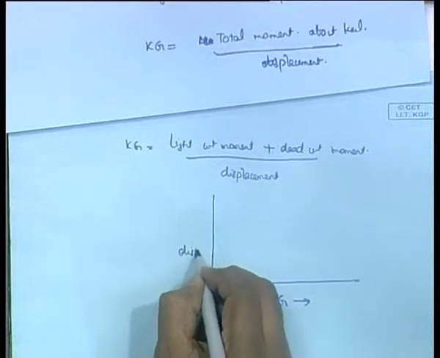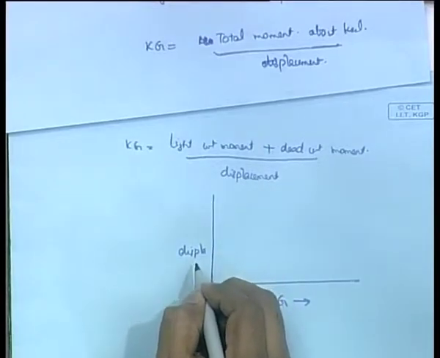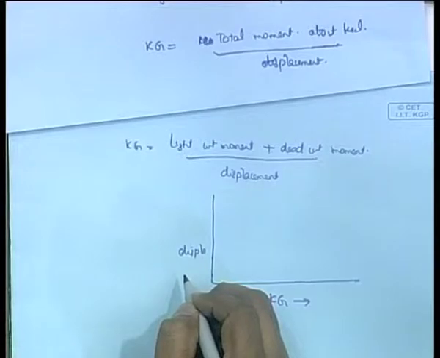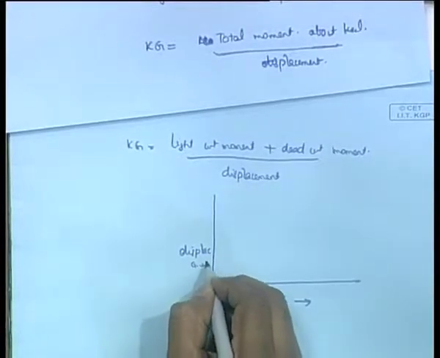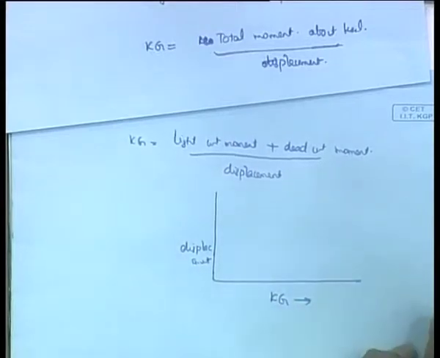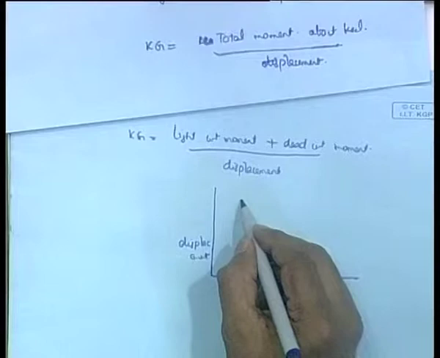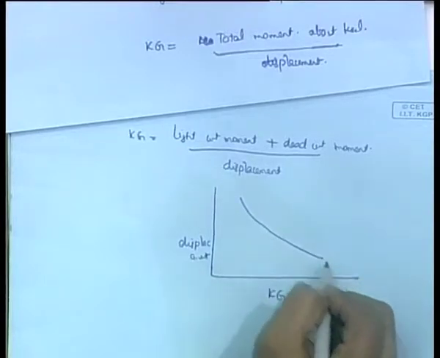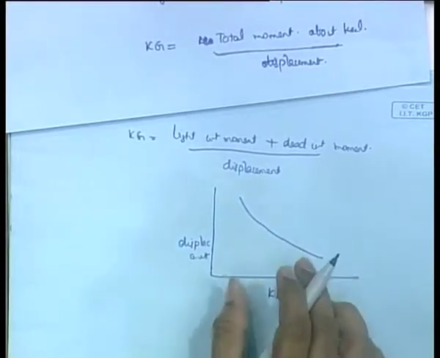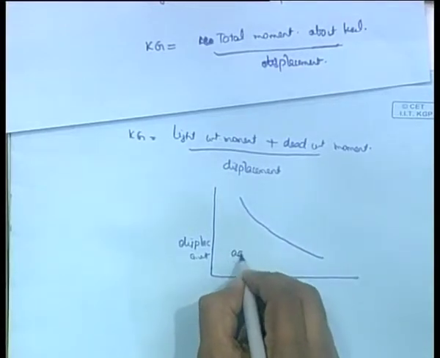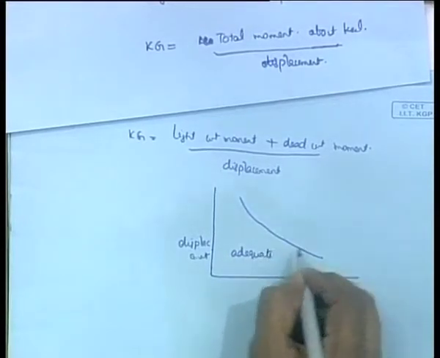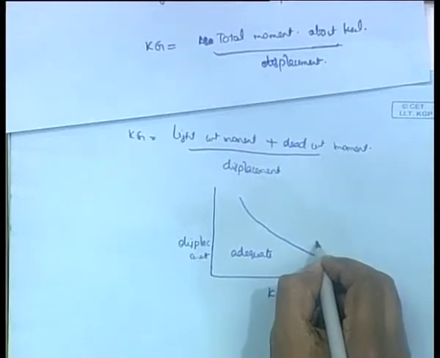This is displacement. And that means your KG should be low. So, you will see a margin line drawn like this, and all those KGs less than this value are okay, these are adequate, and this is dangerous or deficient.